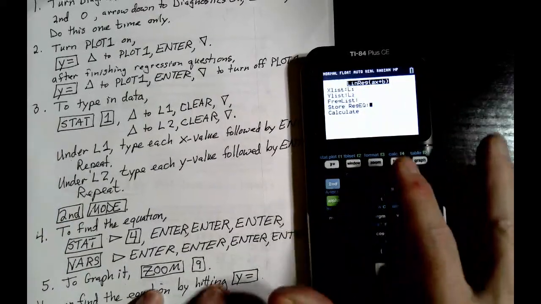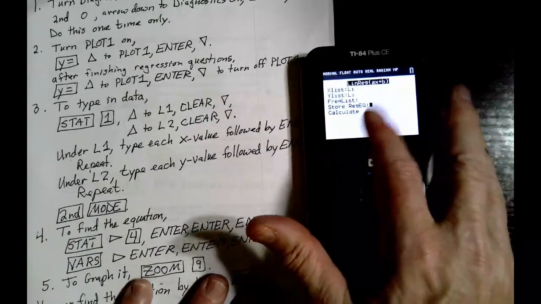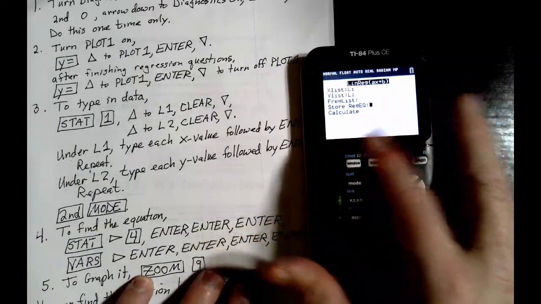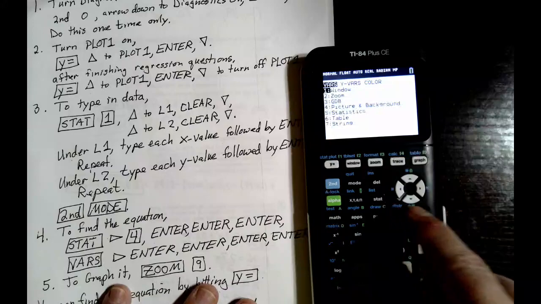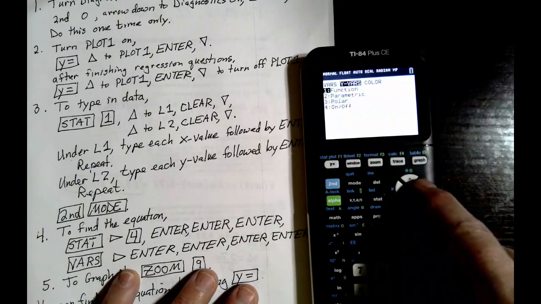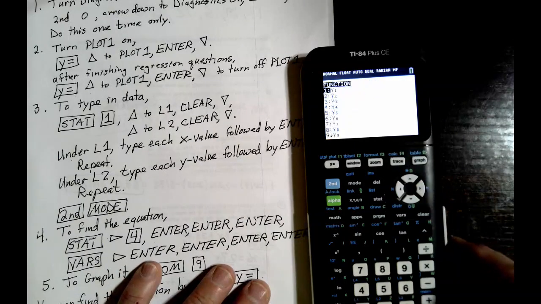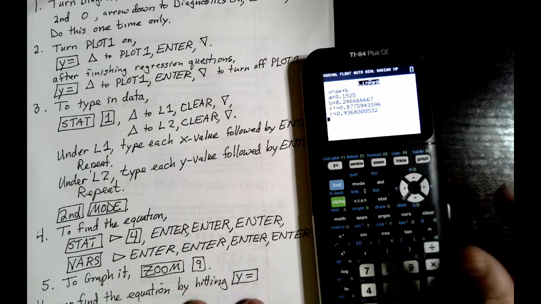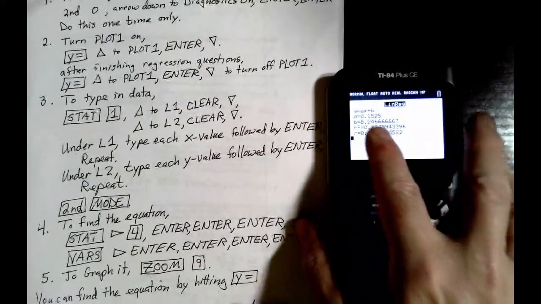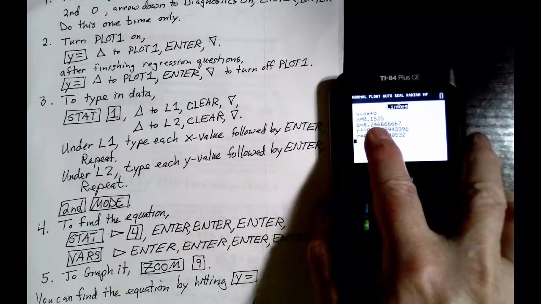And now if you want your equation to be typed into your y equals screen, this is what you have to do. You have to now hit vars, V-A-R-S, and arrow to the right one, and then hit enter, enter, enter, enter, and there you go.